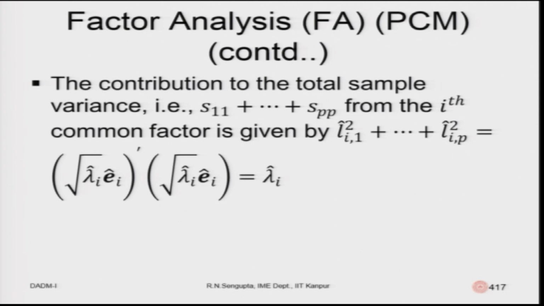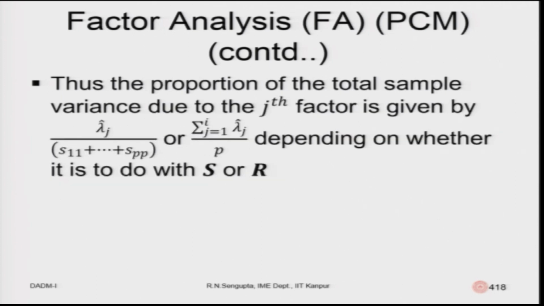They should be equal to the values of lambda 1 plus lambda 2 plus lambda 3, multiplied by the square root of them, multiplied by their eigenvectors, and that should be equal to l_i. So, obviously, they are the estimated values.